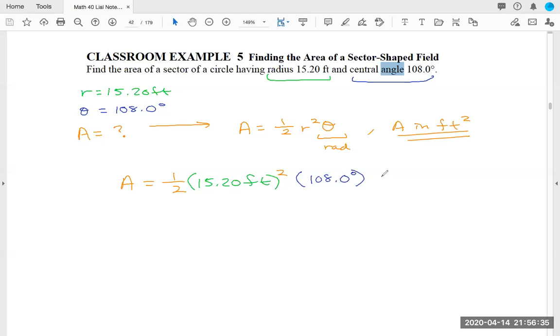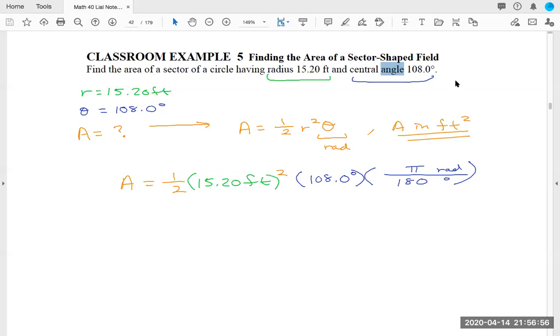If in your calculations, degrees do not cancel, you know that you're not on the right track. Okay, plain and simple way to say it. All right, and then over here, here's our conversion factor. We want to cancel out degrees with radians. So we can put pi on top and 180 below.